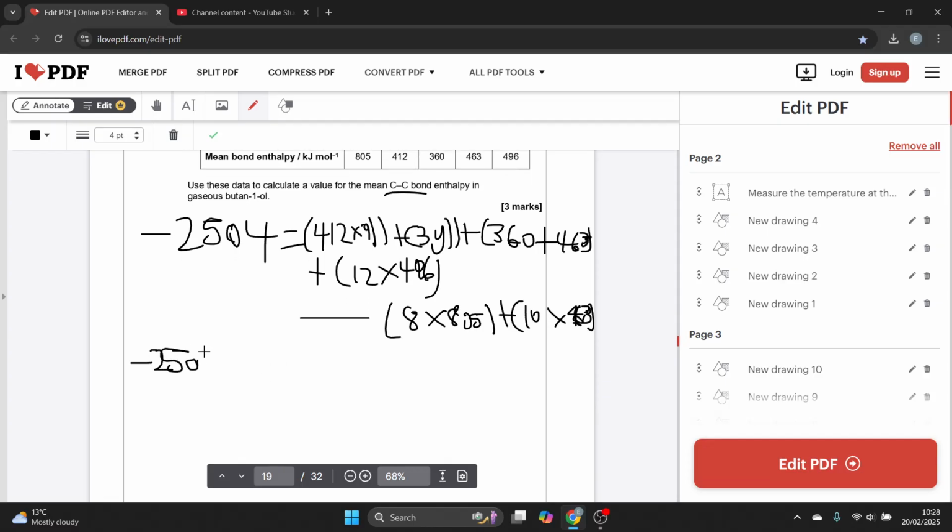Minus 2504 equals what? 412 times 9 plus 360 plus 463 plus 12 times 496, and 10483 plus 3y minus 8 times 805 plus 10 times 463, 11070.